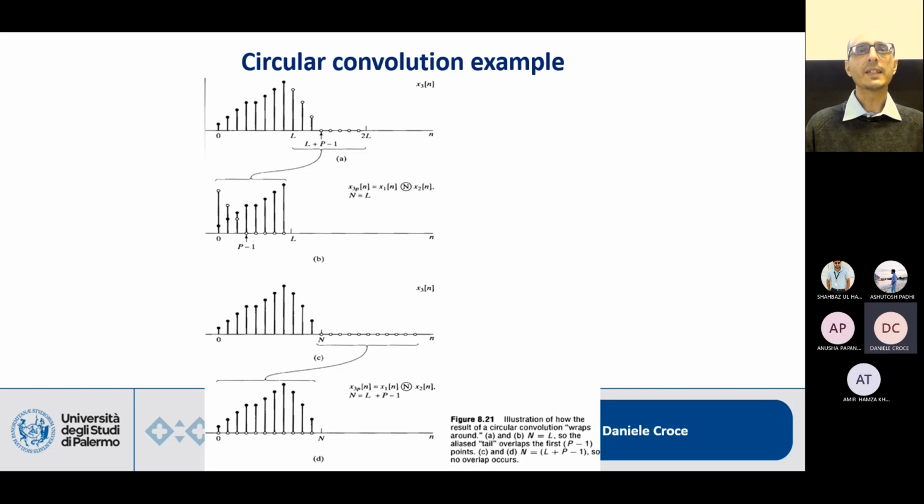But if we increase the size of the circular convolution to L plus P minus 1, what we obtain is that only the zeros outside overlap with the sequence, and so the result is the same. Okay? There is no aliasing in time. Are there any questions, any comments about this?